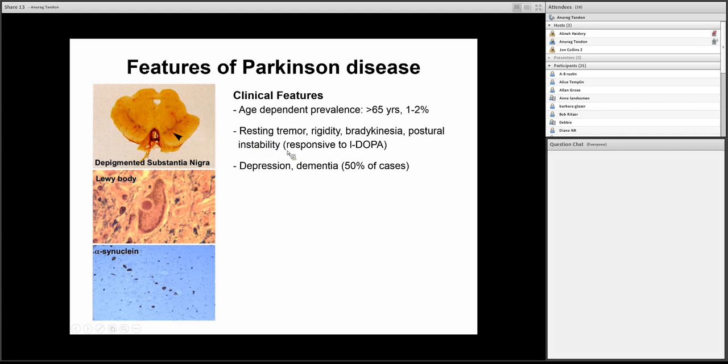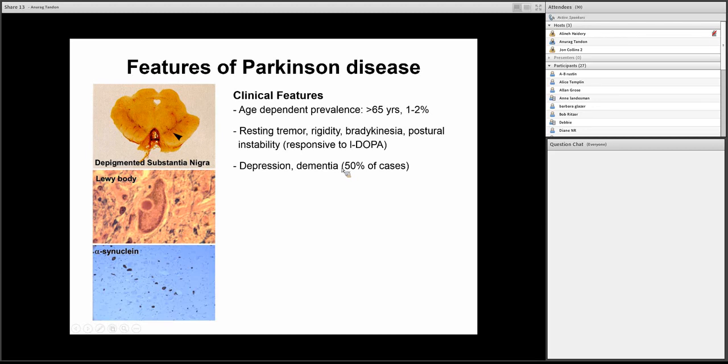These are all responsive to dopamine therapy, in particular L-DOPA. In about half of the cases of Parkinson's disease, you also get depression and dementia. These are not treated well with L-DOPA, which suggests that they may arise from pathways that are non-dopaminergic in origin.